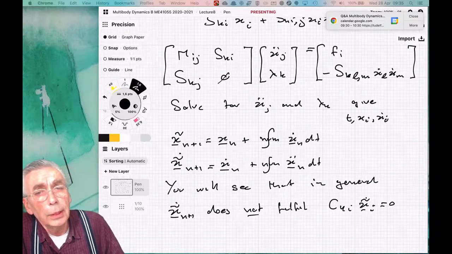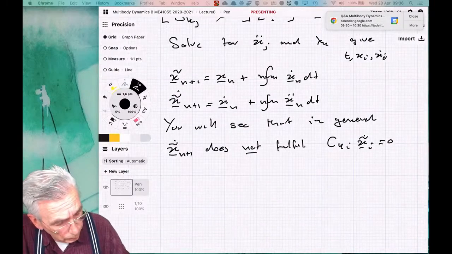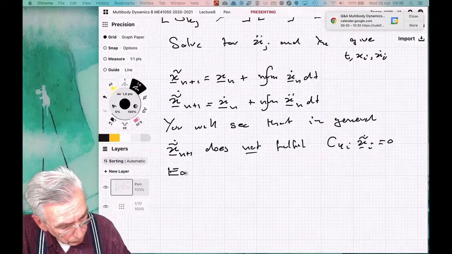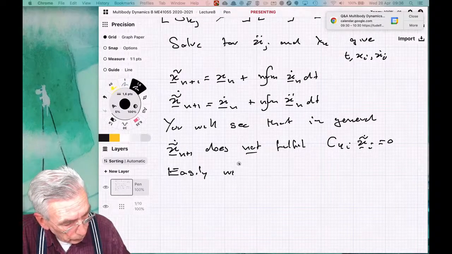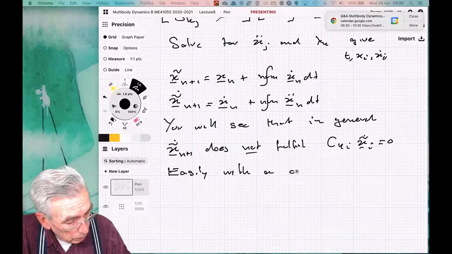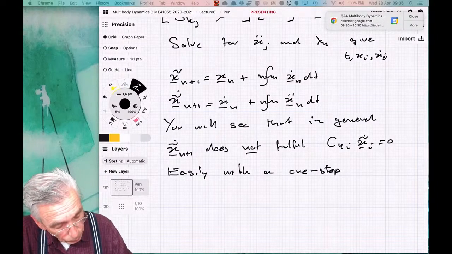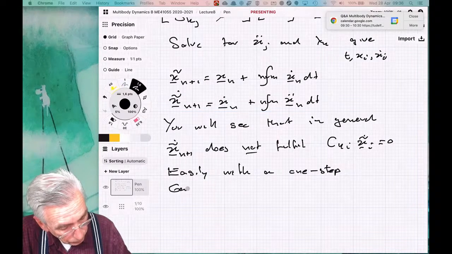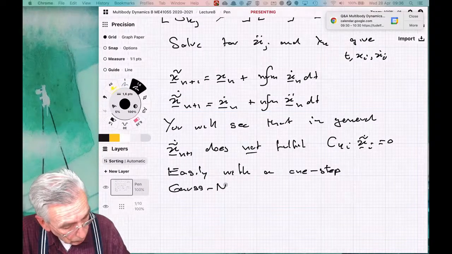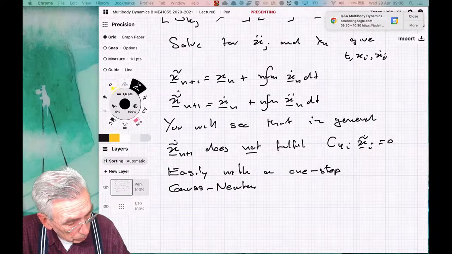However, that is easily solved with one step, because it's a linear problem, a Gauss-Newton process.